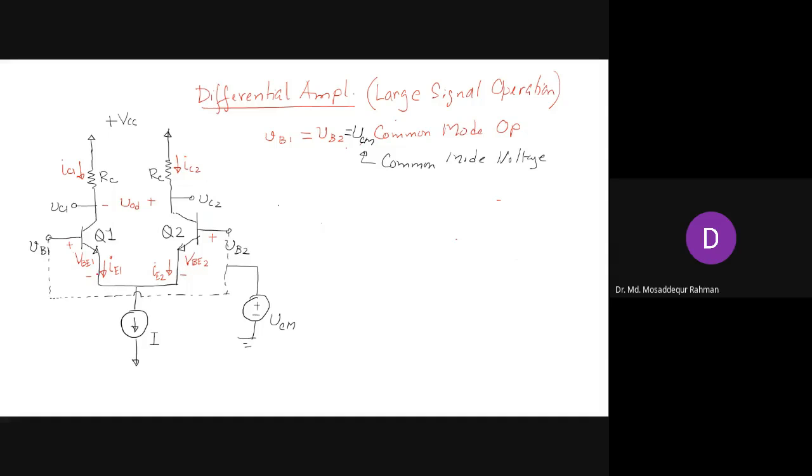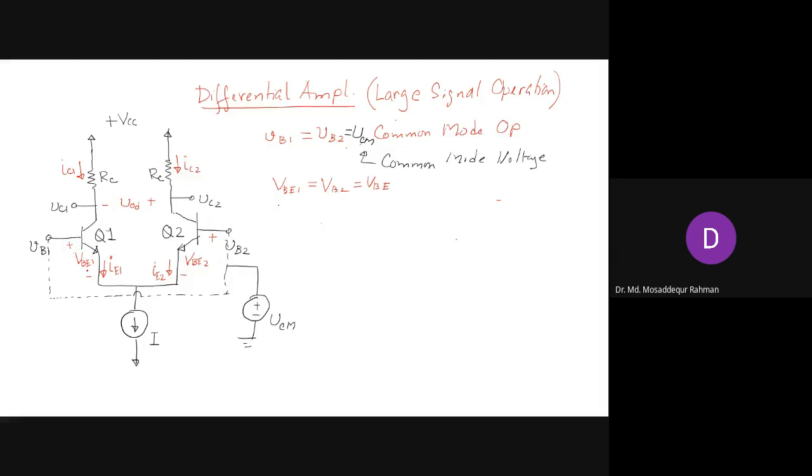Now, since the bases are tied together, we assume these two transistors are exactly the same. They have everything the same, their dimensions and all the features. They are identical. Then we expect that VB1 will be the same as VB2. These two forward bias voltages, of course, since they are tied together, have to be the same.